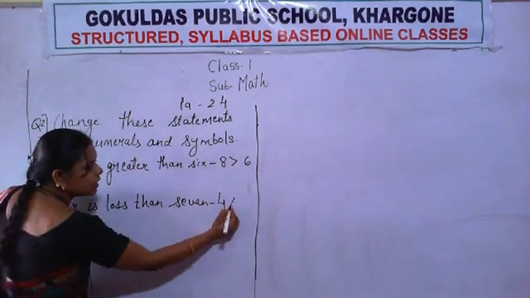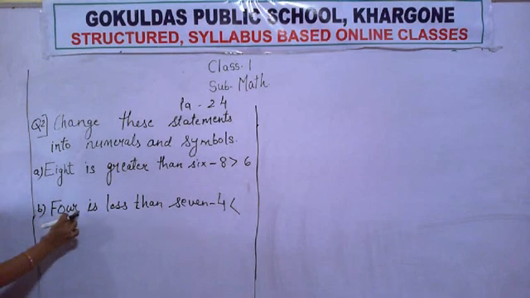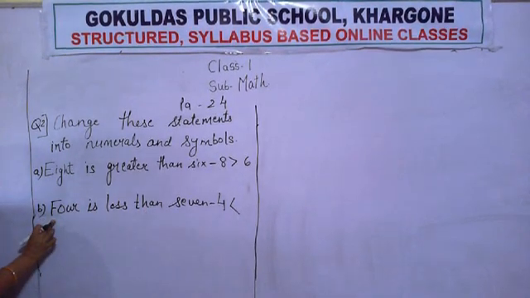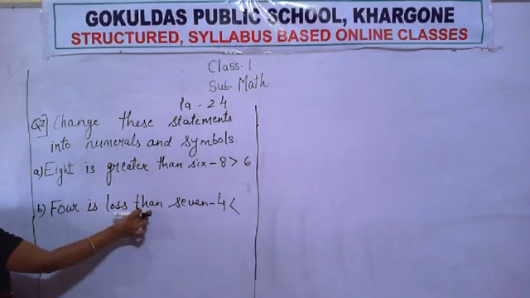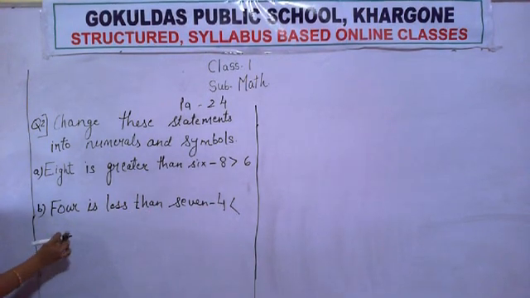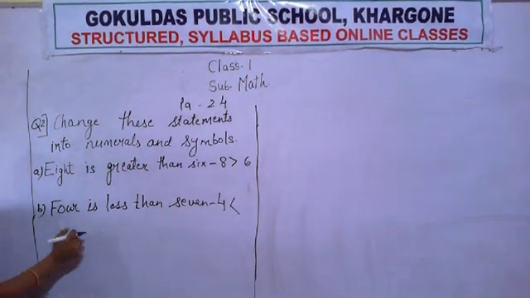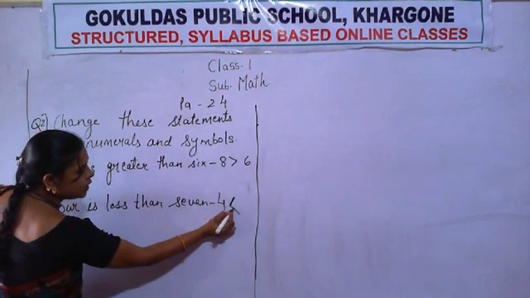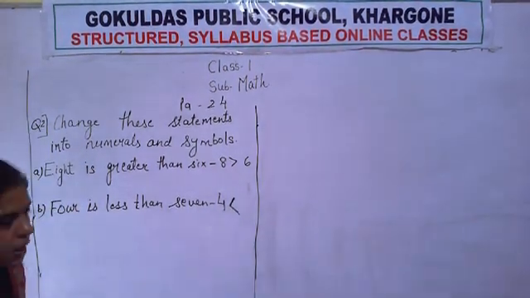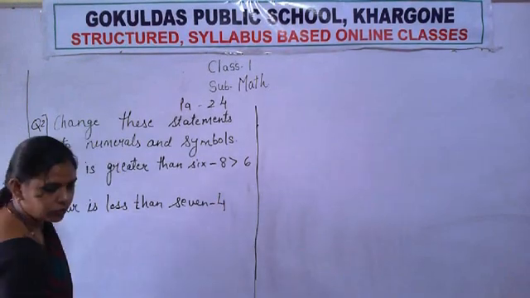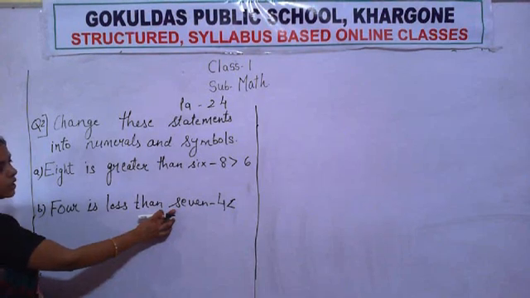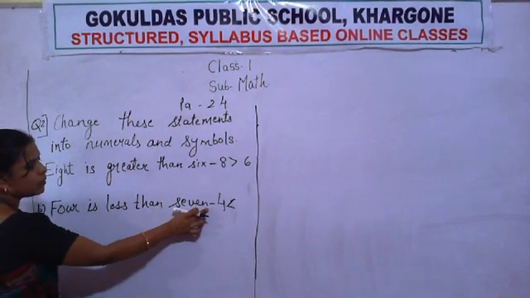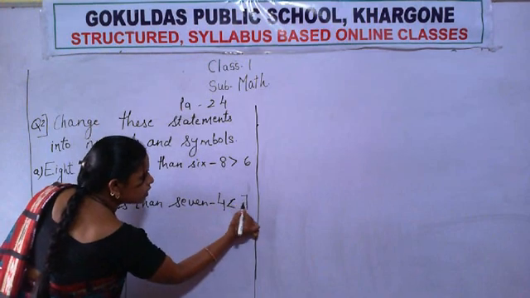The symbol of less than is like this. 4 is less than, that means you have to write a symbol of less than. So 4 is less than, what is the next number? 7. SEVEN means 7. So you have to write here 7.